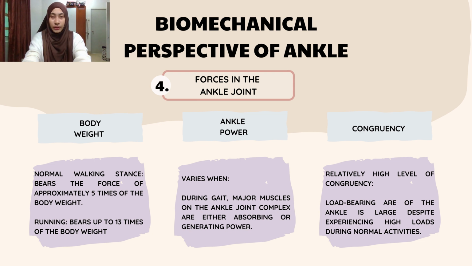As for the ankle power, it varies as the major muscles acting on the ankle joint complex are either absorbing or generating power during gait. And the ankle has relatively high levels of congruency, meaning that despite experiencing high loads during normal activities, the load-bearing area of the ankle is large.